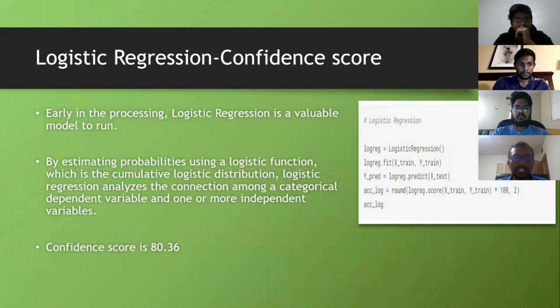And for logistic regression, in this case, they have got a confidence score of 80.36, which shows that the machine is trained on the data set with an efficiency of 80.36% by estimating the probabilities and the logistic functions. The main confidence value here means that when we give a similar kind of problem to the machine, it can give 80% efficient results in future.